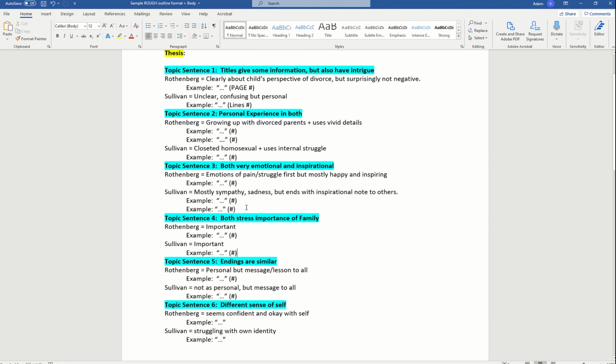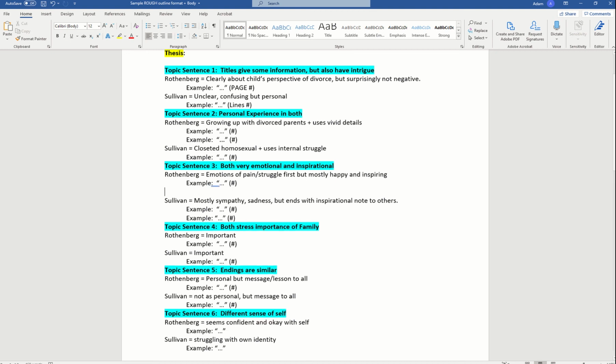If I really wanted to also, I'm going to take this one, for example. Both are very emotional, inspirational. If I really wanted to, I can decide for every one of these paragraphs if I want to actually break this up into one paragraph or two paragraphs. So this could be my topic sentence. Both are very emotional, inspirational.